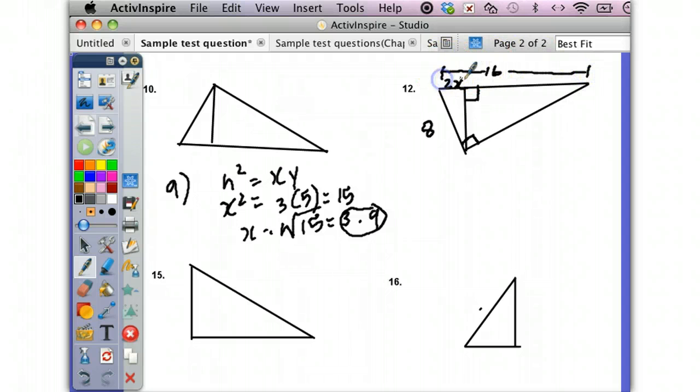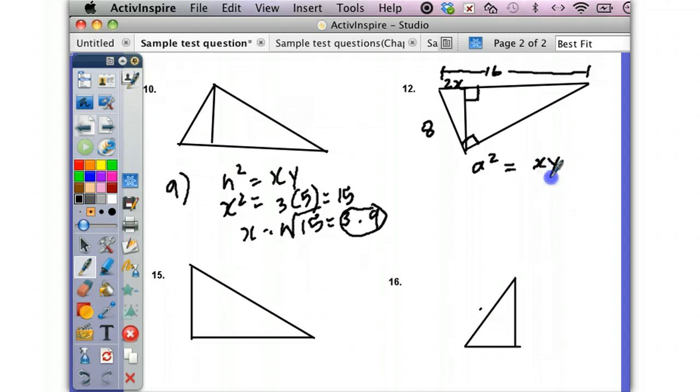Different setup for this one because this doesn't have to do with the altitude. Who remembers? Different formula for this one. The a squared formula, yes. A squared equals, who remembers? X times what? C, absolutely, yes.